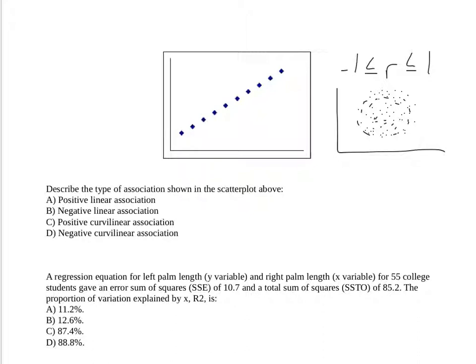As you get further and further from -1 or 1, you get closer and closer to this kind of mass, or anything that doesn't fit a perfect line, right? You can think of other examples. Correlation only works with linear relationships, is another thing. So imagine we have a curvilinear relationship, one that looks maybe like a rainbow.